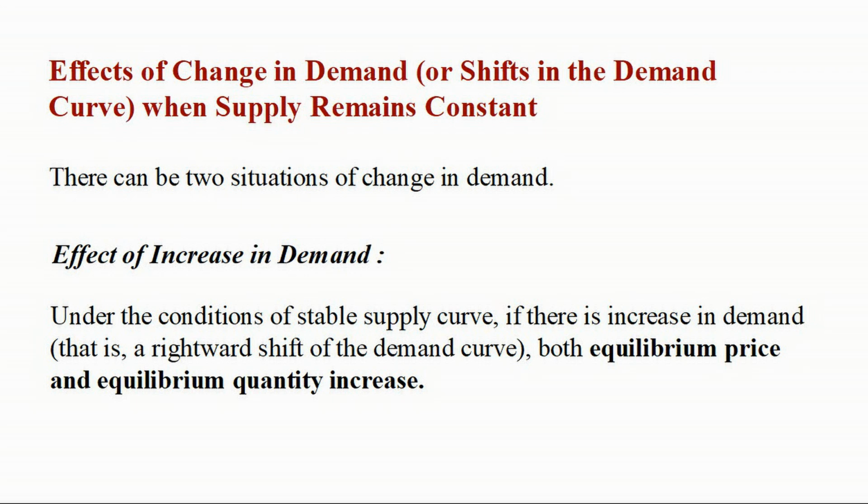Whenever the curve shifts to the right, it represents an increase in demand, and when it shifts to the left, it represents a decrease in demand. So an increase in demand, a rightward shift in the demand curve, will result in both equilibrium price and equilibrium quantity increasing.